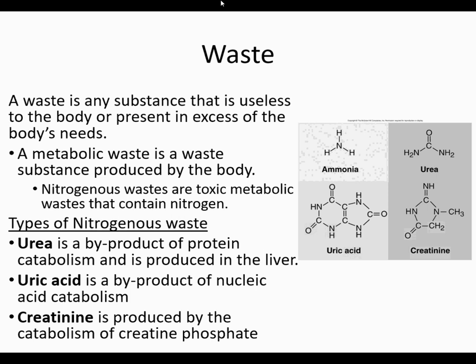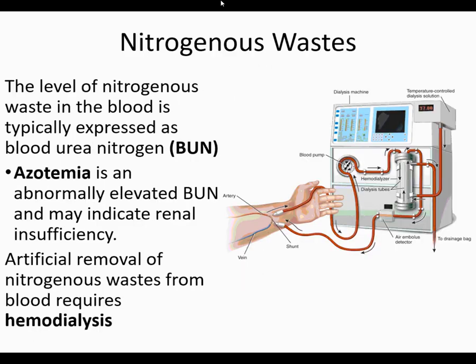Now, normal, healthy individuals are not going to have any problems getting rid of their waste. What can happen, though, if somebody has renal insufficiency or kidney failure, is a condition called azotemia. Azotemia is defined as an abnormally elevated BUN.